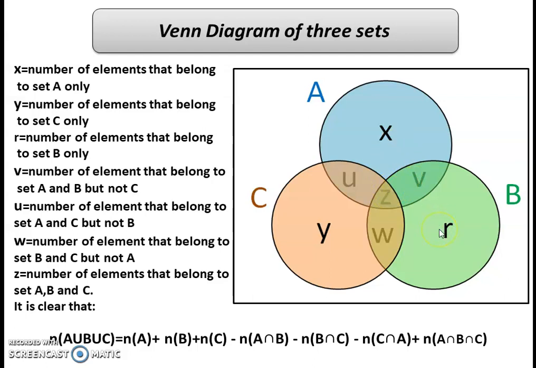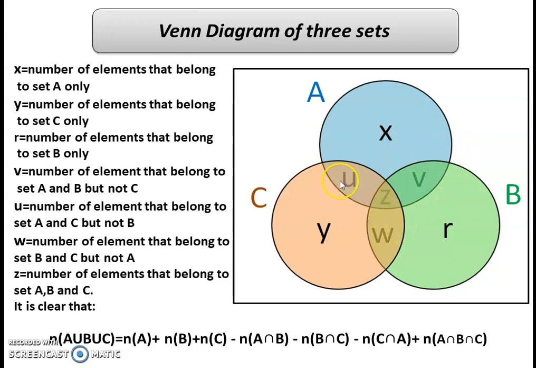In similar way, we can calculate number of elements that belong to B and C. So here you can see when we add W and Z, it will give us number of elements that belong to set B and C. And in similar fashion, we can calculate number of elements that belong to set A and C. Here you can see when we add U and Z, it will give us number of elements that belong to set A and C.